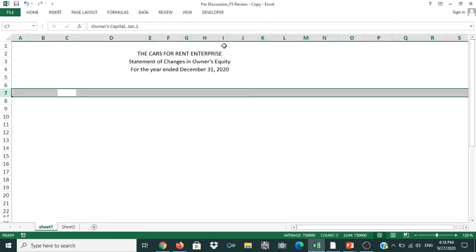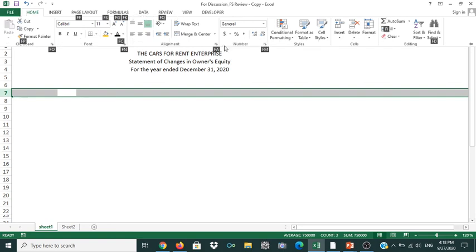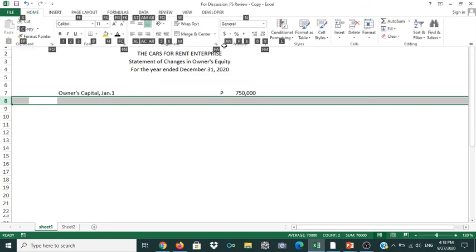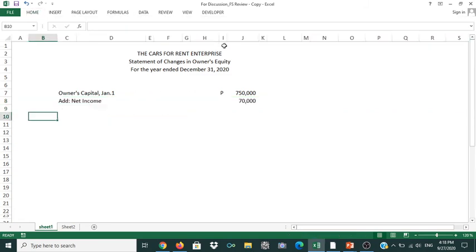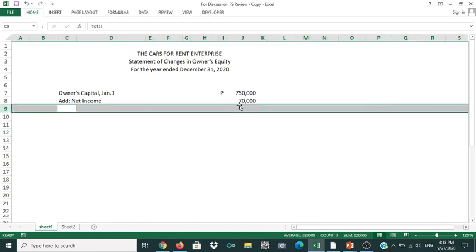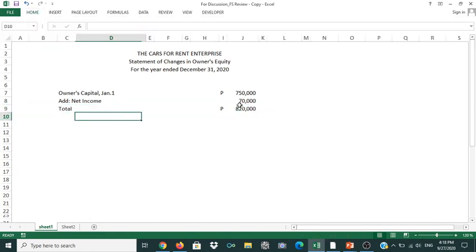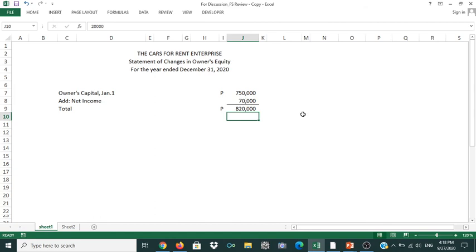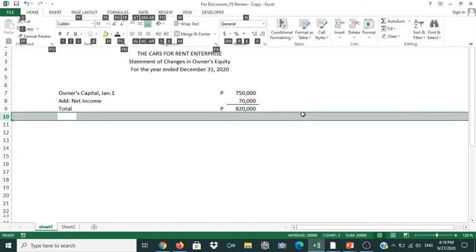So, sulat lang natin yung kaninang computation. Parang ililipat mo lang. So, you have the beginning balance, which is 750,000. Add the net income as we got it. So, the answer is 70,000. Then, you have the total. Magkano? 820,000. So, lagyan lang natin ng rule or just draw a horizontal line. Then, deduct the withdrawals.